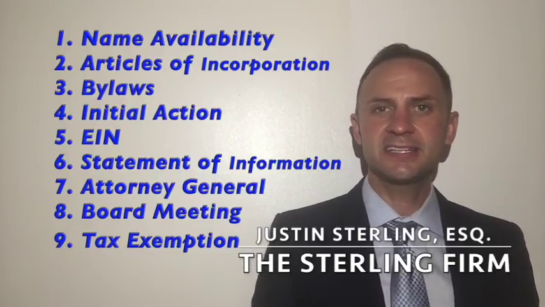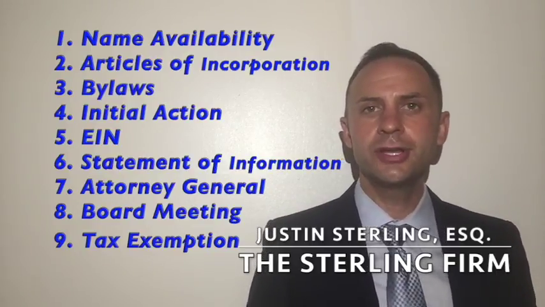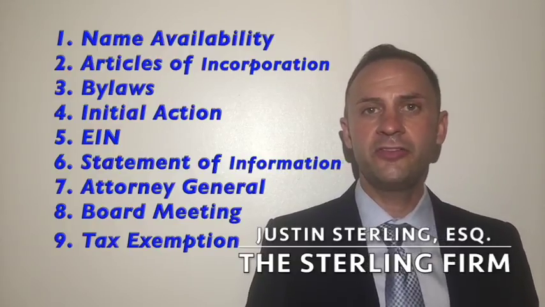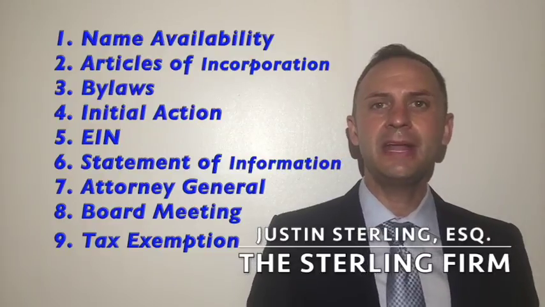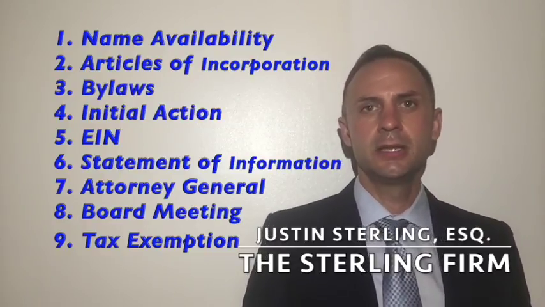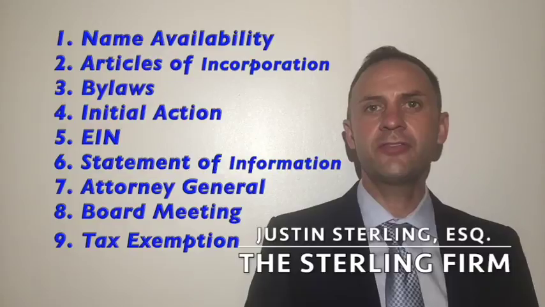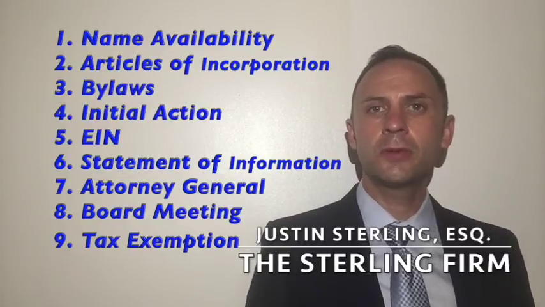9. Tax exemption, which can be a $400 or $850 fee for IRS Form 1023, depending on annual gross receipts. It is also a $25 fee for California FTB Form 3500.